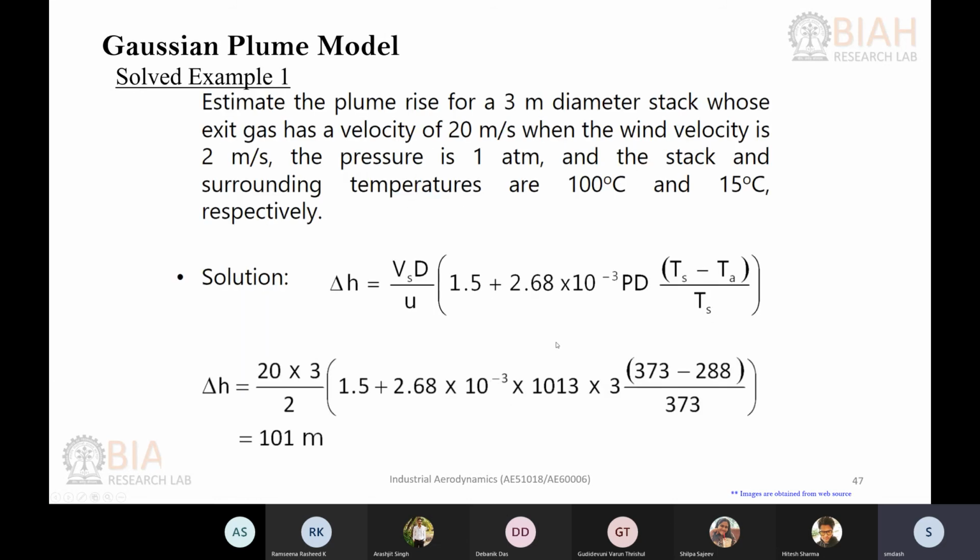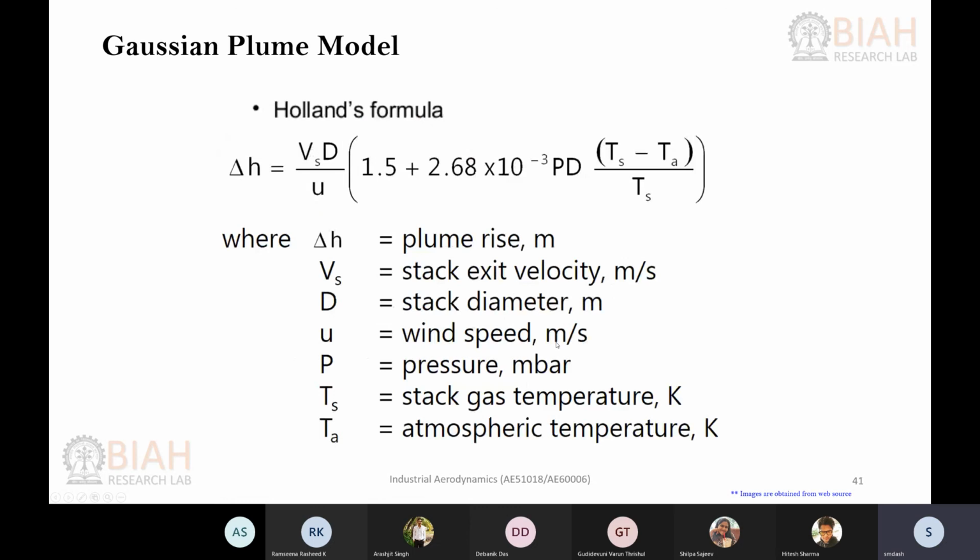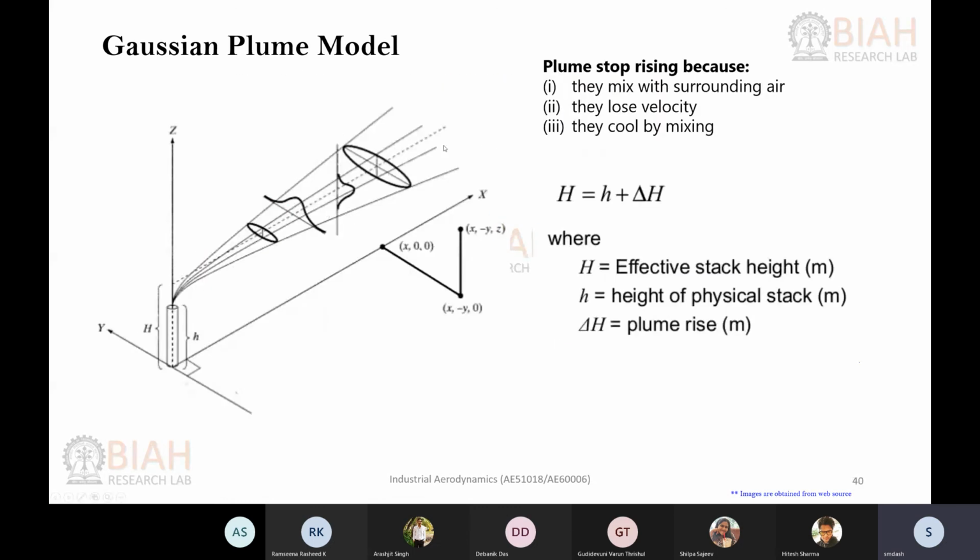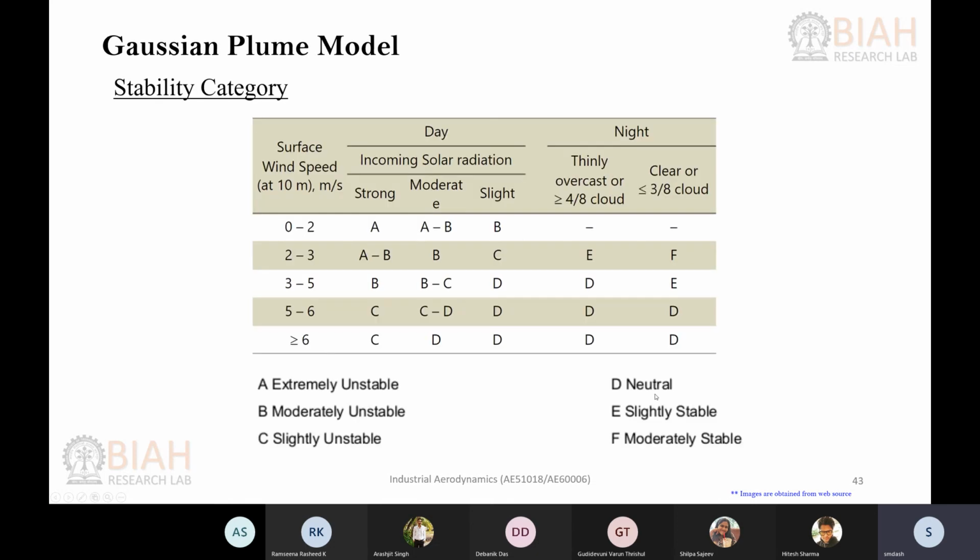If you see this plot, the dotted line is your center line. The other case is offset by a certain distance. If this is the positive direction, then for a 0.1 kilometer offset, what will be your concentration? That you need to find out.